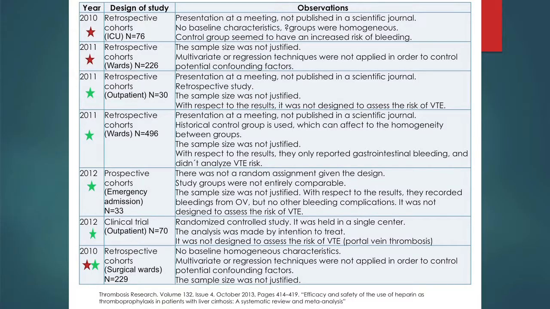The colors show that only 1 trial, the bottom trial, had a good comparison between bleeding risks and thrombotic risks. All the others looked at bleeding, but didn't necessarily look at thrombosis, or were designed to look at thrombosis but not bleed. So they really didn't have a good population to make solid conclusions.